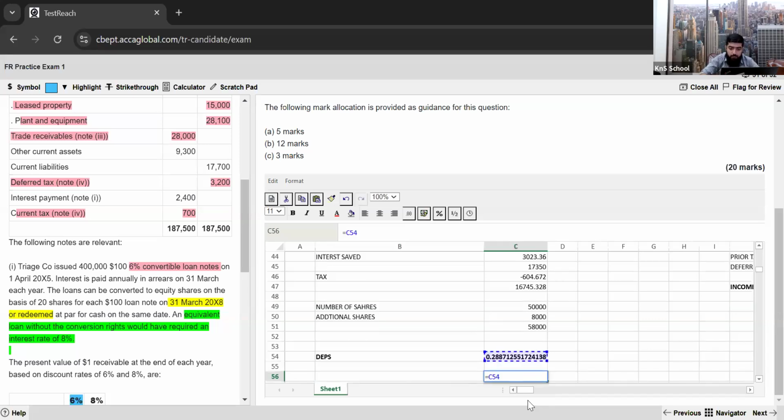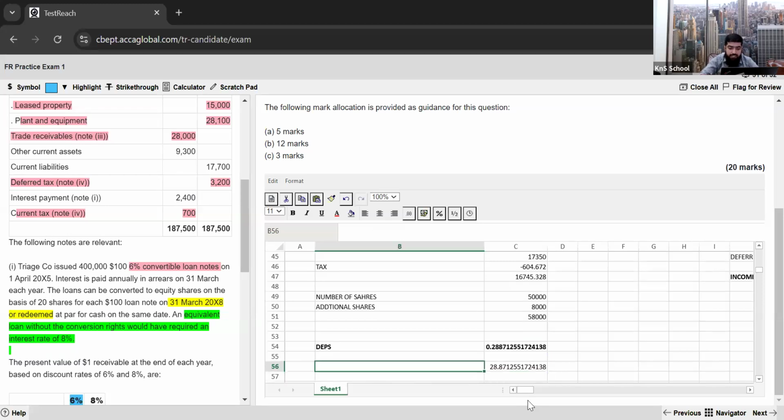In order to write it in cents, we multiply it by 100. So it is 28 cents. So this is the diluted EPS.